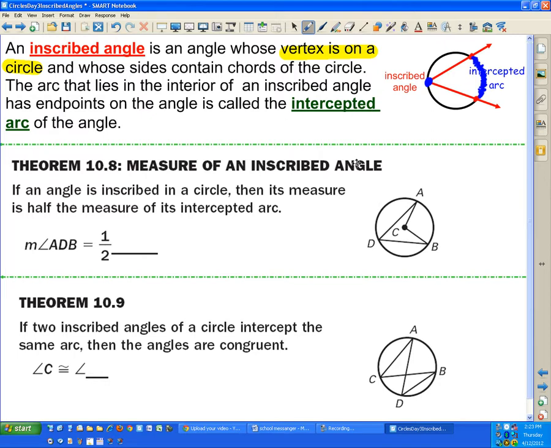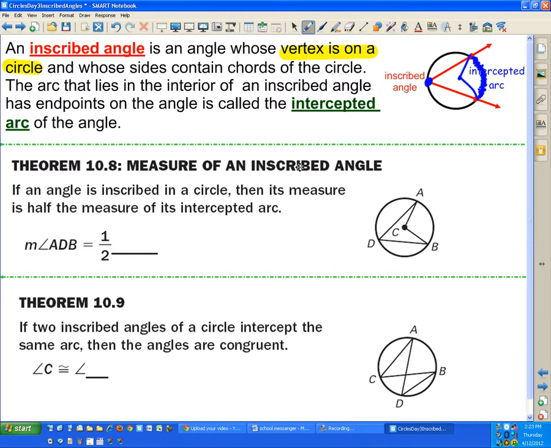And the intercepted arc is the arc that is made by the 2 points. Intercepted arc was the same also in our central angles, where we could have a central angle that goes from here up, and the 2 points are still the same. Now that's what we're talking about down here.